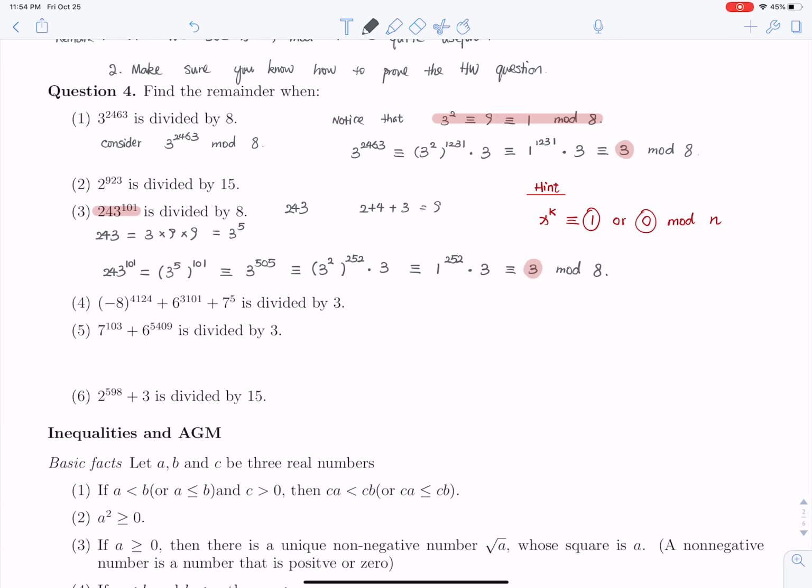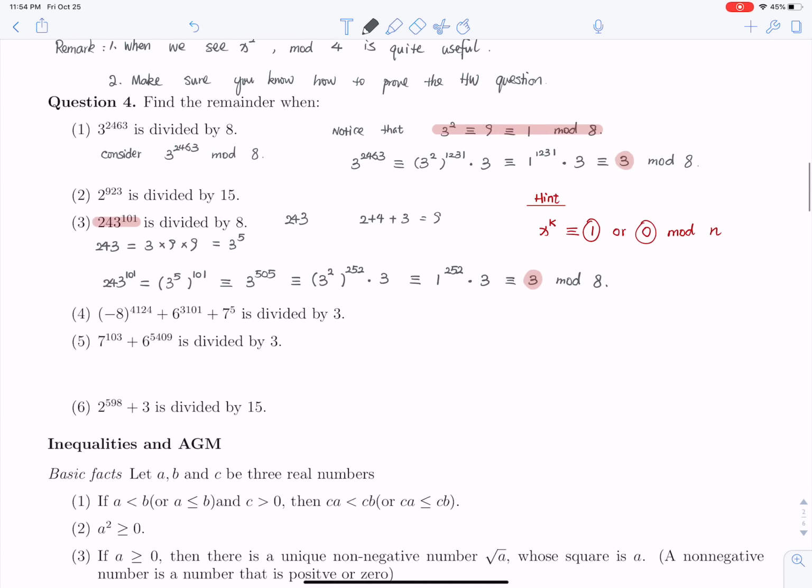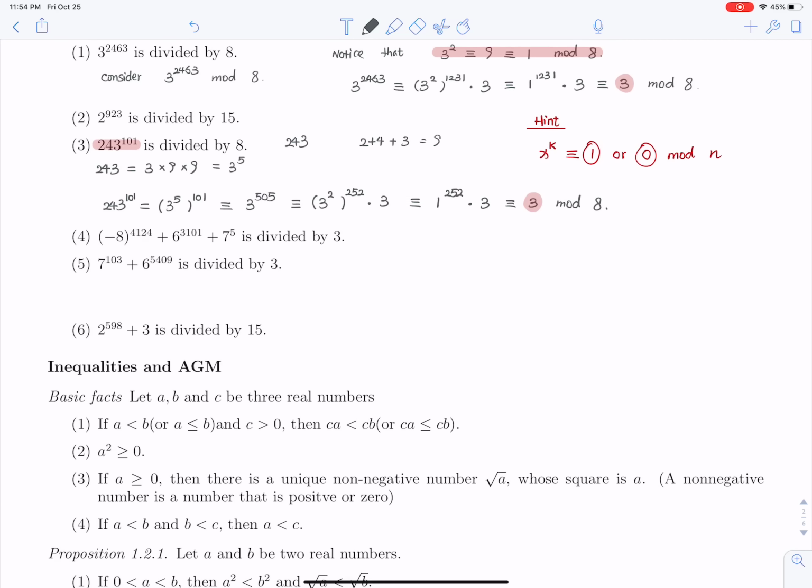Now you see how powerful mod could be. Okay, I'll show you another example right here, because I don't want to only do mod 8. Let's do something else.